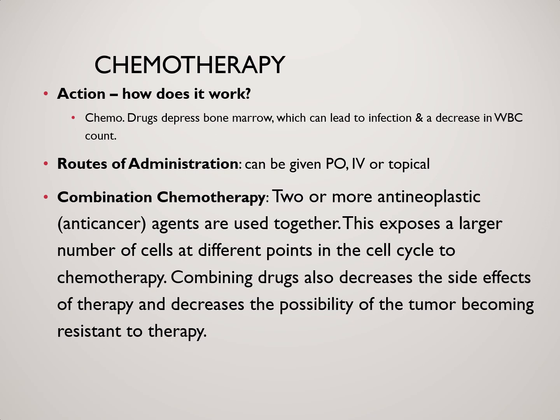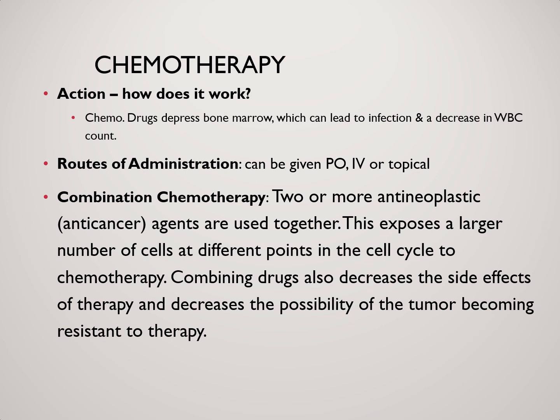And then you have combination therapy. In this type of therapy, two or more anti-neoplastic, meaning anti-cancer, agents are used together. This can expose a larger number of cells at different points in the cell cycle. So if you combine different chemotherapy drugs, because there's so many different types, they affect the cancer cells at different parts of the cell cycle, so it makes it more effective.